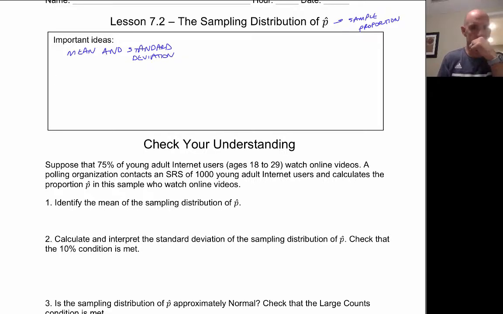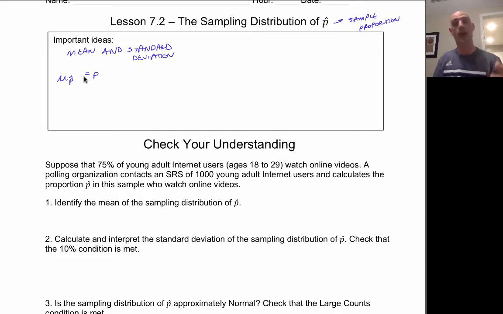Okay, so the mean of p hat, and this is a subscript, so it's down below, should be equal to the true proportion. Now we've got some conditions that need to be met, and we're going to talk about this in just a minute.